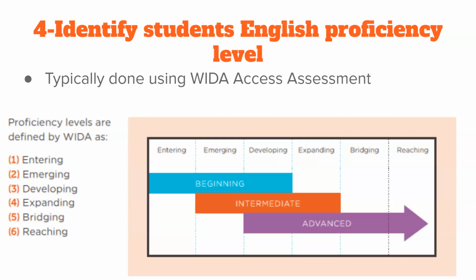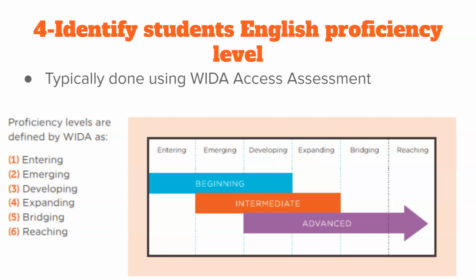Okay, next, identifying the student's English proficiency level. And this is done through an ACCESS assessment. When you know what the student's proficiency level is, you're able to give them developmentally appropriate challenges and assignments. Okay.